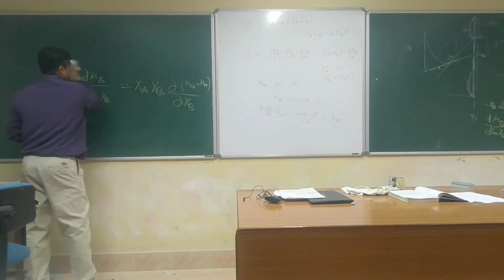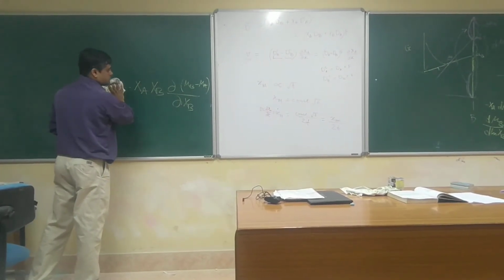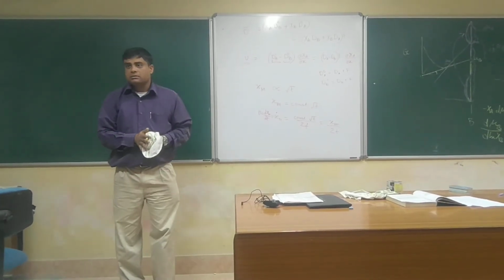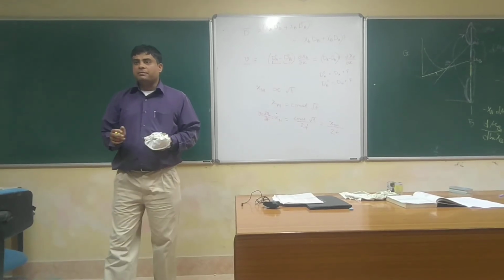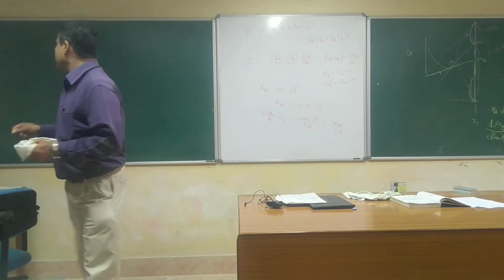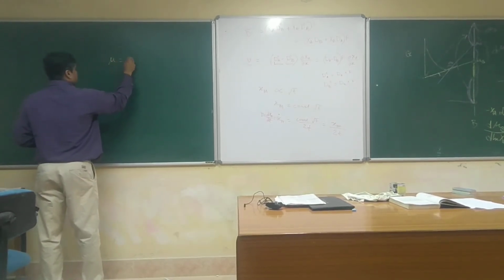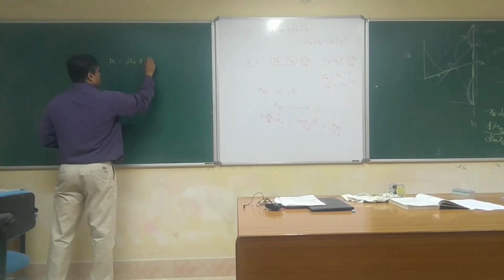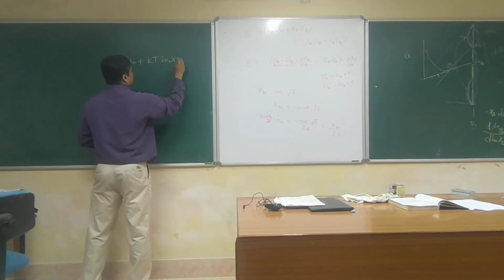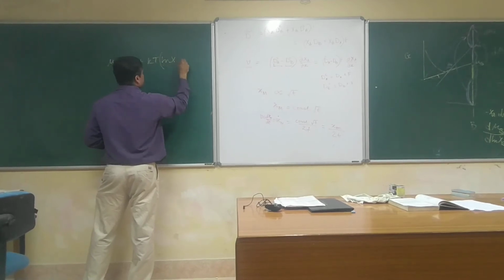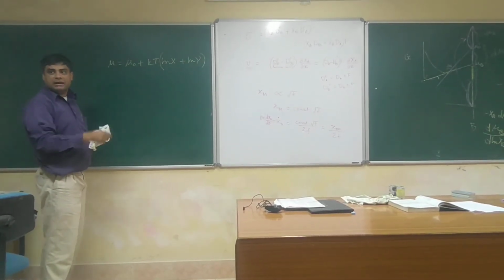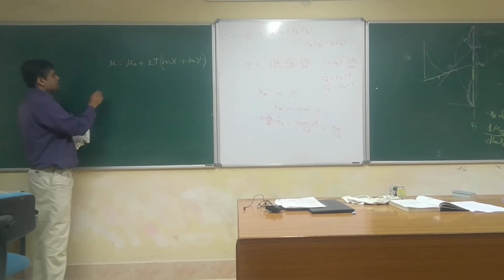Sir, how is it related to the thermodynamic factor? You have explained the curvature relation. Yes, sir. What is the thermodynamic factor? How did you get it? Mu equals mu naught plus RT ln x. Then you differentiate with respect to x.